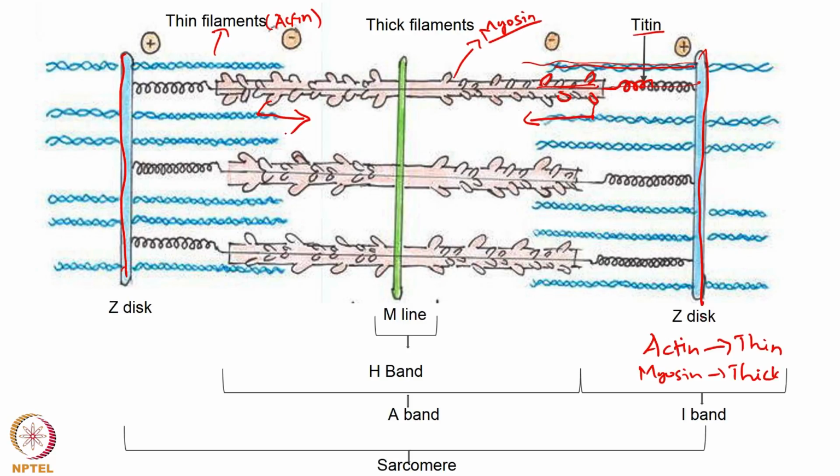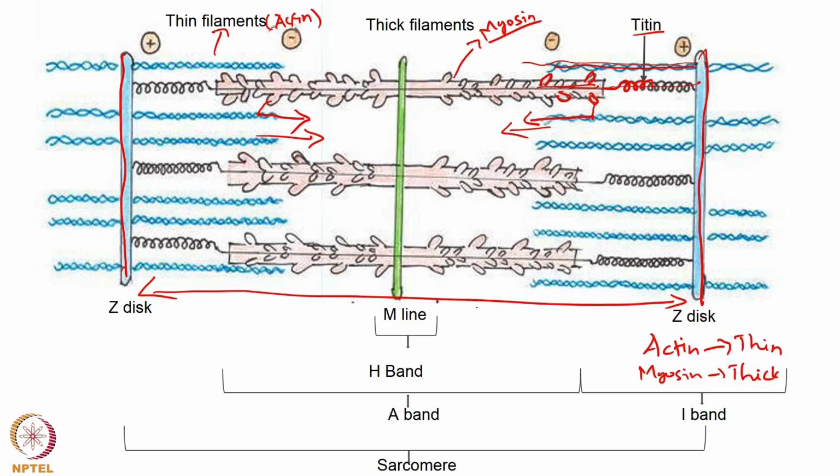Now there is pull in opposite directions, and since the z disk itself cannot be in equilibrium, the distance between the z disks is reduced.